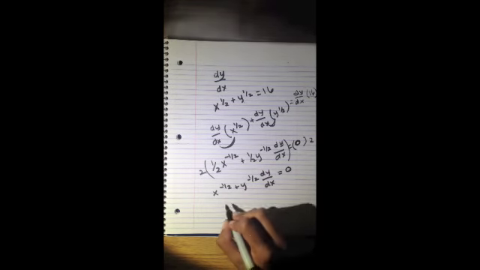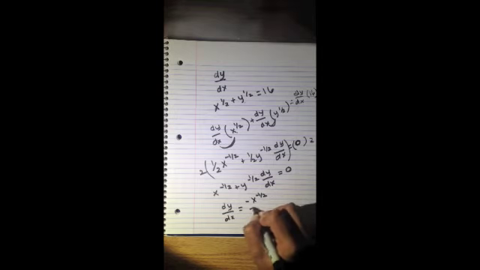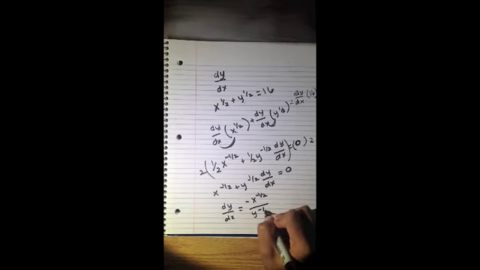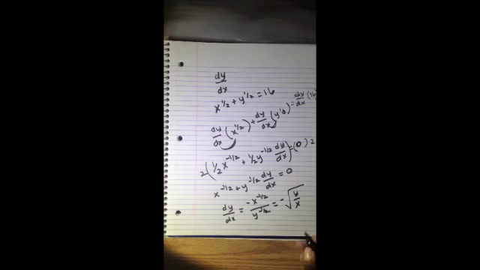When you isolate dy dx, you're going to get dy dx equals negative x to the negative 1/2 over y to the negative 1/2, which when simplified equals negative square root of y over x. So your derivative, dy over dx, is just negative square root of y over x. And that is how you implicitly differentiate.